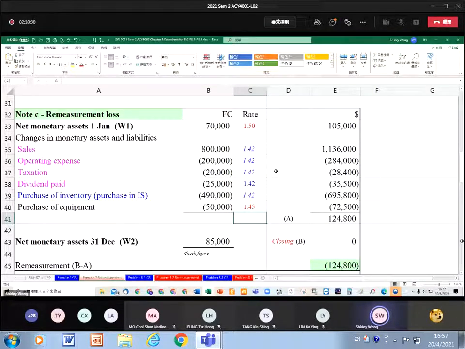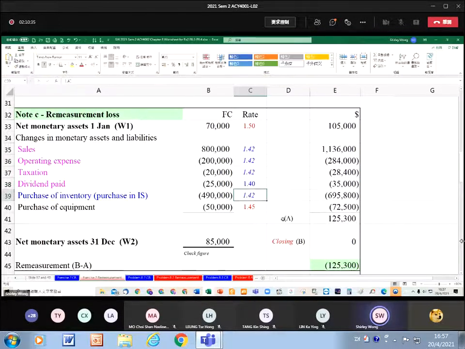Okay, let me check again. 113, 72, 95, then 240, this should be 1.4, sorry. For the dividend, we use the actual rate.